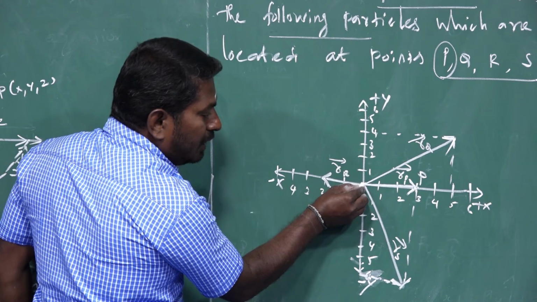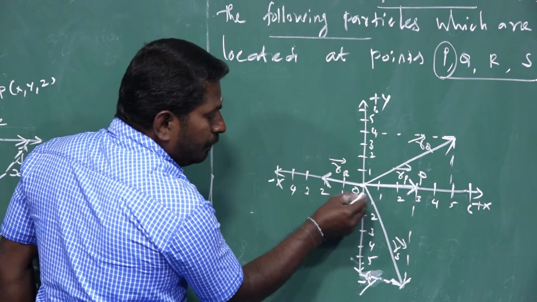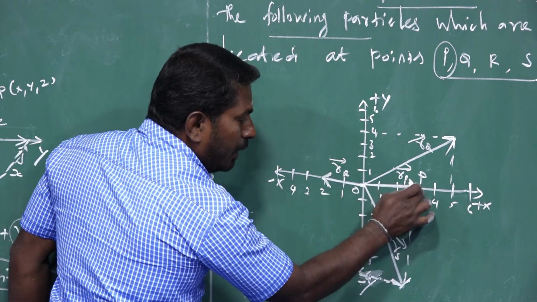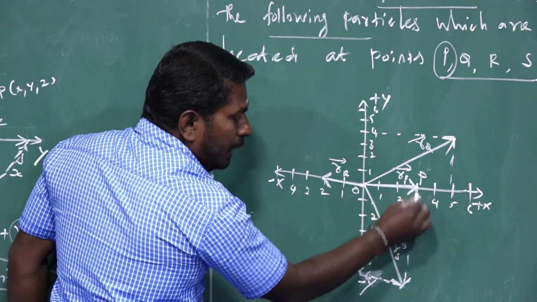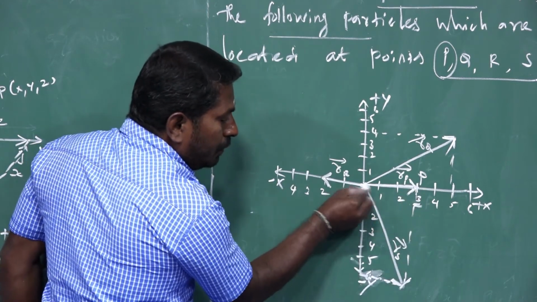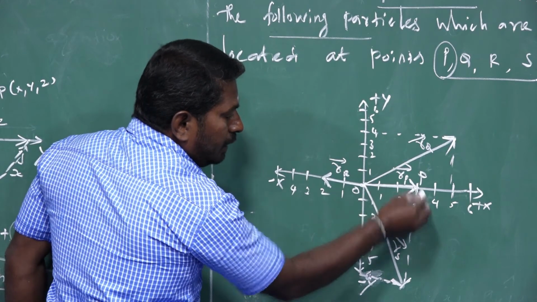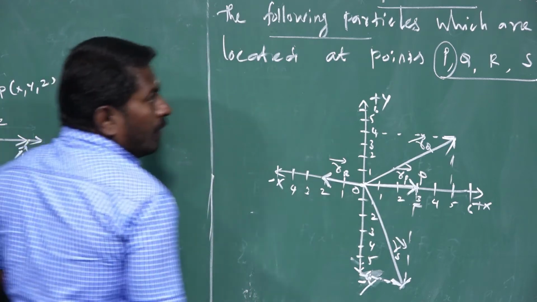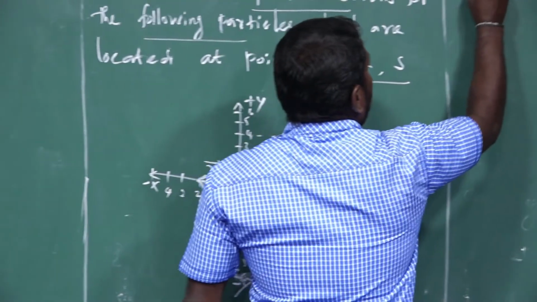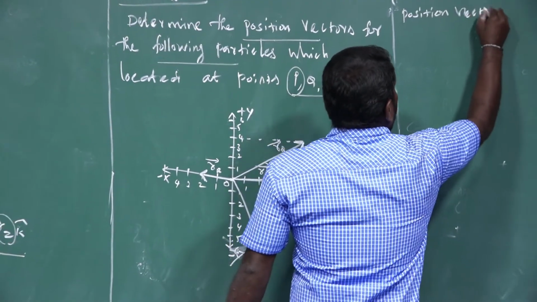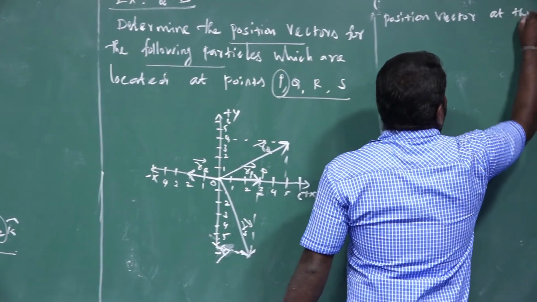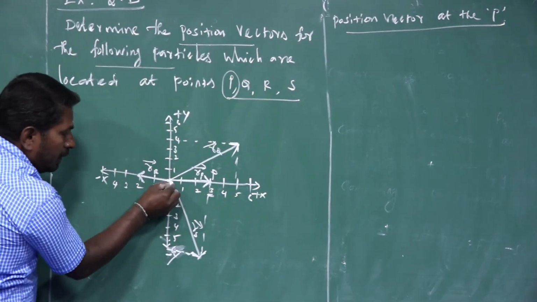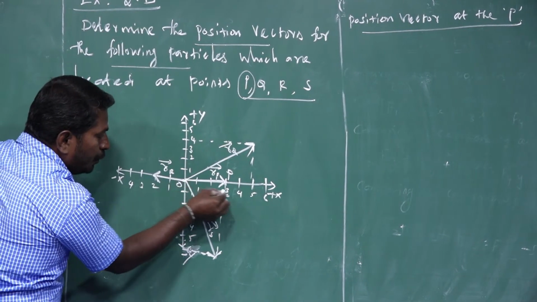First we choose the origin of the Cartesian coordinate system, O. From the origin, see the point P. Point P is located on the positive x-axis at the value 3. 0, 1, 2, 3. So we can write the position vector at the point P. From the origin 1, 2, 3.